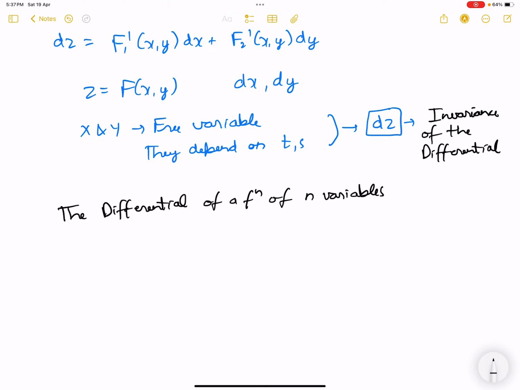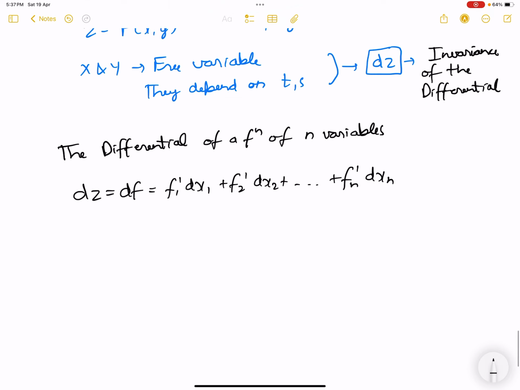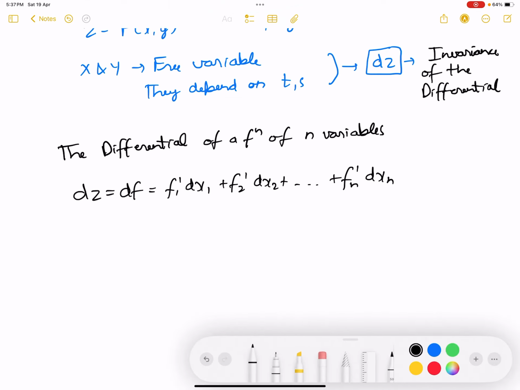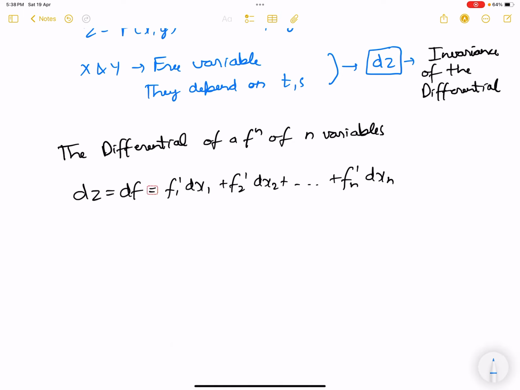Now what we have is df. अब n variables है तो it is f1 dash dx1 plus f2 dash dx2 till fn dash dxn. ठीक है. सिमिलरली अगर ये सारी वैल्यूज बहुत छोटी है, which means dx1, dx2, dxn are very small, then we can again use that this is approximately equal to del z.